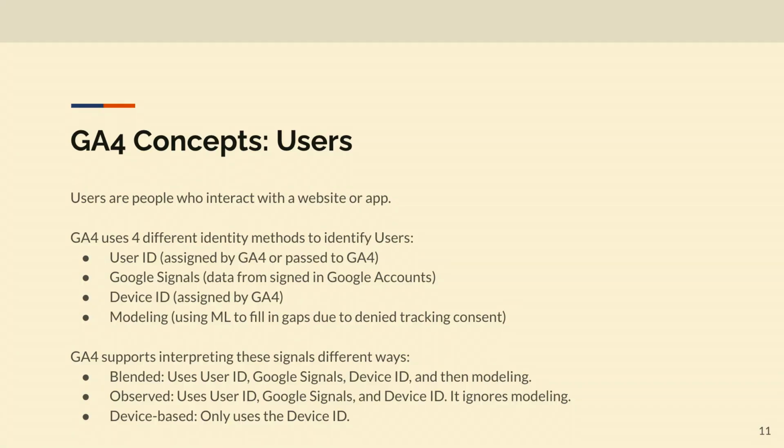Or you can pass a user ID to GA4. For example, if you've got a logged in user and you want to pass an identifier for them, you can do that. That is supported. Google Signals: if someone in their browser is logged into their Google account, Google Analytics knows some things about them from that. Then the device ID, which is just auto-assigned.